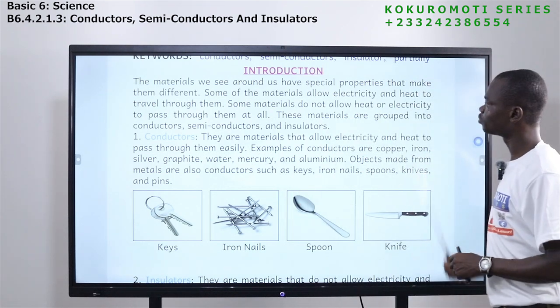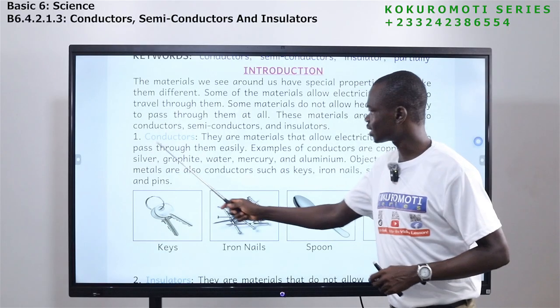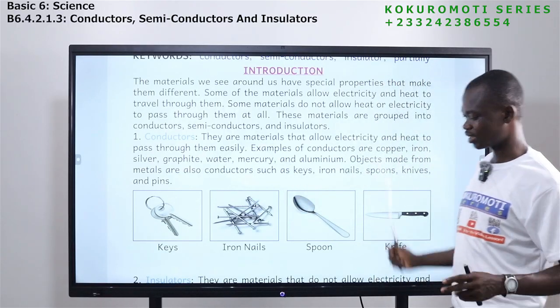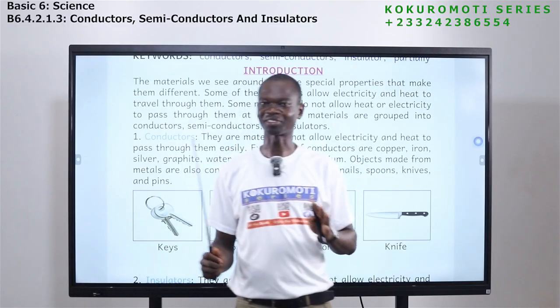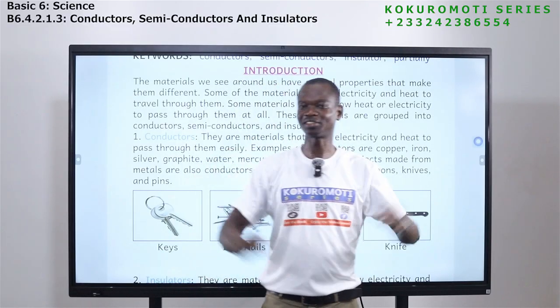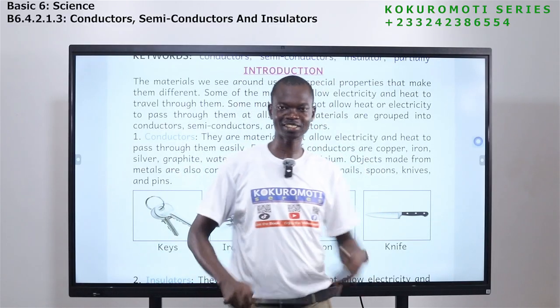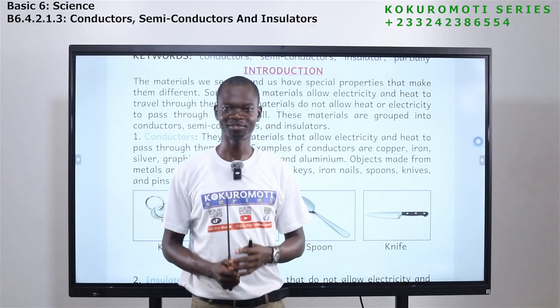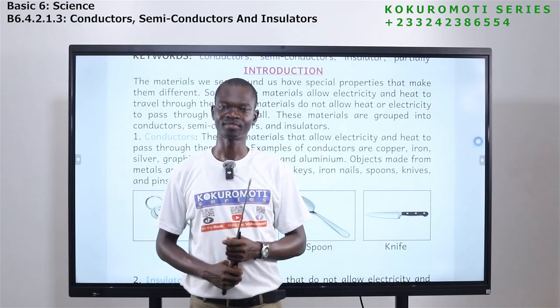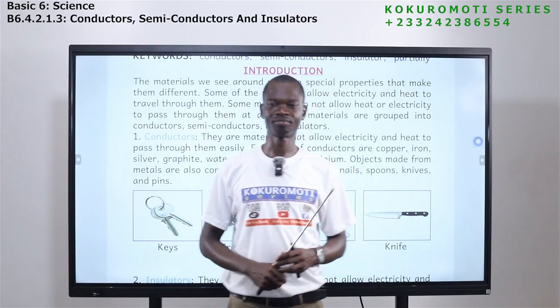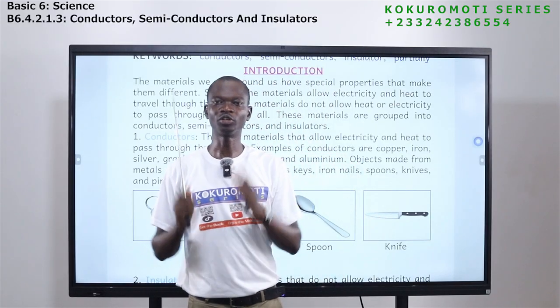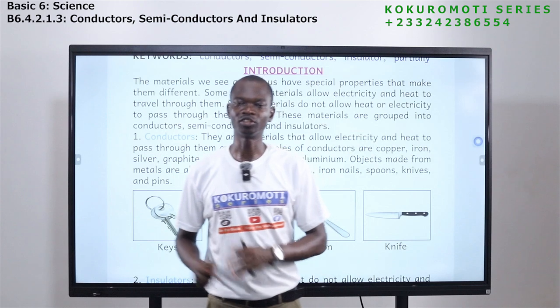These materials are grouped into conductors, semiconductors, and insulators. So today's lesson is simple. We are looking at materials. Look around and mention whatever you can see. The materials that we have in our environment, we group them into 3.